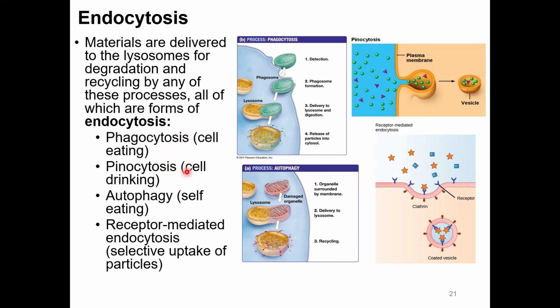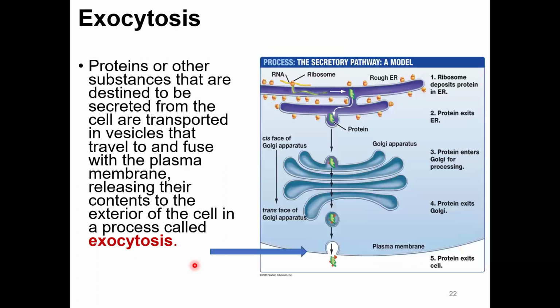Pinocytosis is like cell drinking. Autophagy is like self-eating, or just a little self-destruct button. Then there is receptor-mediated endocytosis, which selectively takes up particles that are around the cell itself.